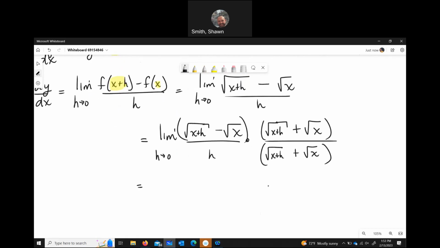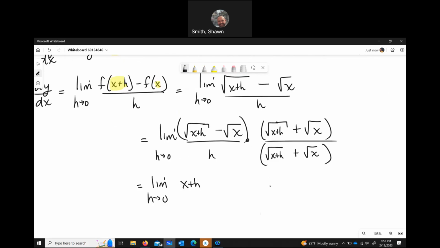All right, so the top, boil it out. The square root of x plus h times the square root of x plus h is just x plus h, right? That's the first. Outer, square root of x plus h times the square root of x, that would be a positive product. Inner will be that same product, but now negative.